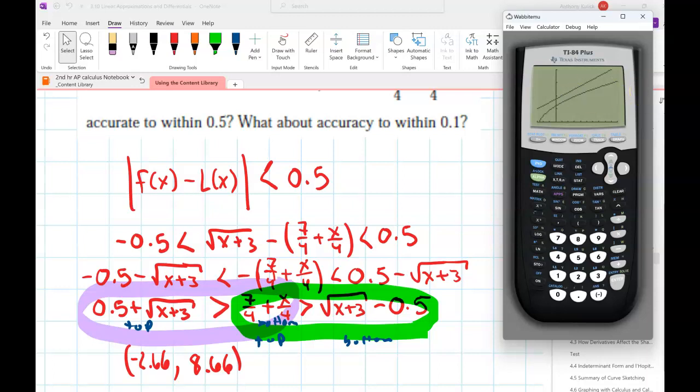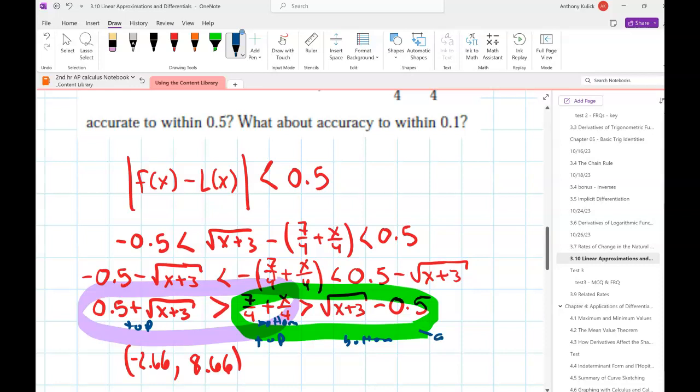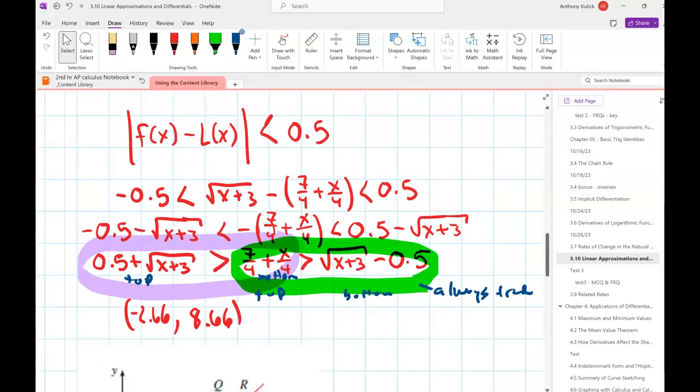That it's always above, right? Yeah. That's your answer. So this part, the green part, is always true, right?